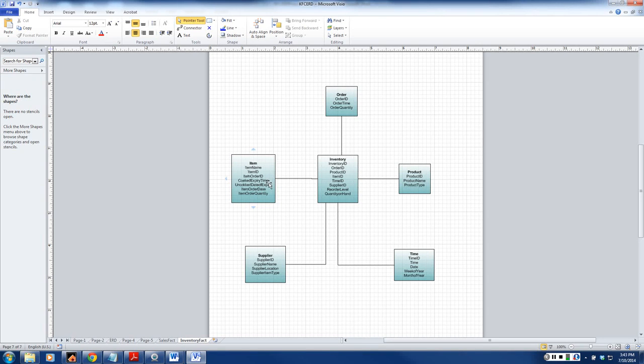In fact, item order ID should also be here. Let me add it here: order ID, item ID, and item order ID. All the primary keys of each table will be included here: supplier ID, time ID, product ID, order ID, item ID, and item order ID together as the foreign keys here.